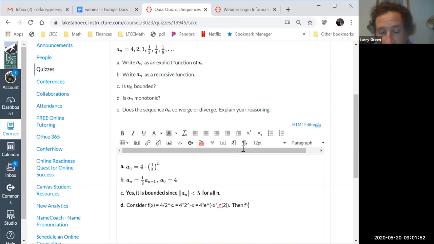Then f prime of x is equal to negative 4 ln 2 times e to the negative x ln 2. But that's certainly less than 0, because e to anything is positive, and negative 4 ln 2 is a negative number. So therefore, it is decreasing.